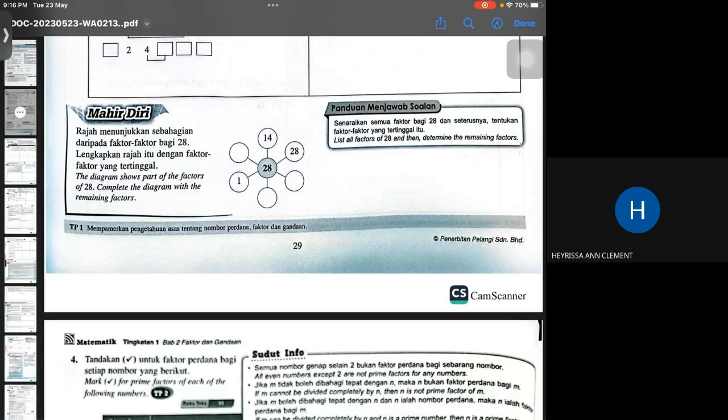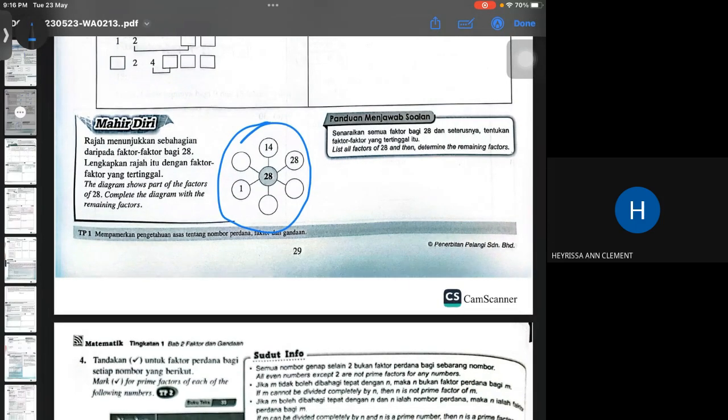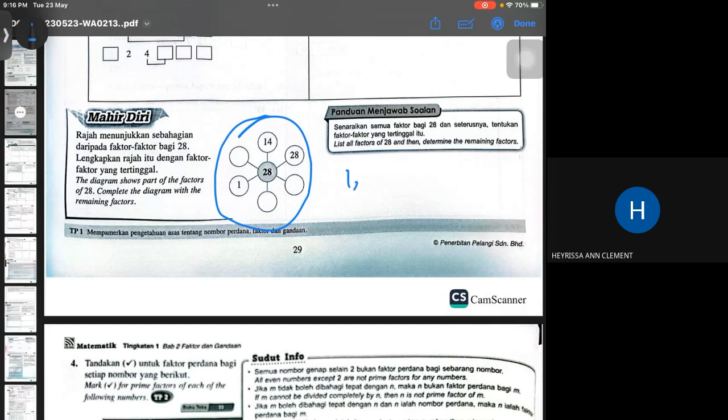Okay, this one. Faktor bagi 28. For this number factors, you must list out the number. So 28, sorry.